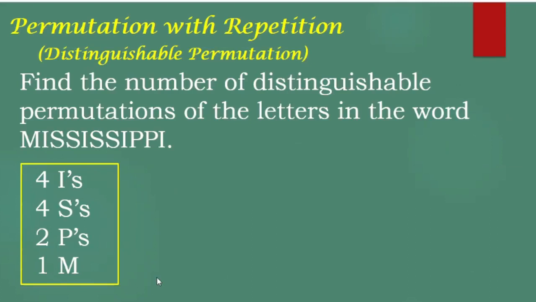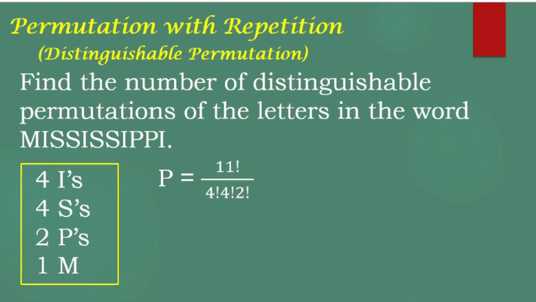So you need to count the letters of the word Mississippi in order to perform the formula for permutation with repetition. So 4 plus 4 is 8 plus 2 is 10, plus 1 is 11. So we have 11 letters in the word Mississippi.